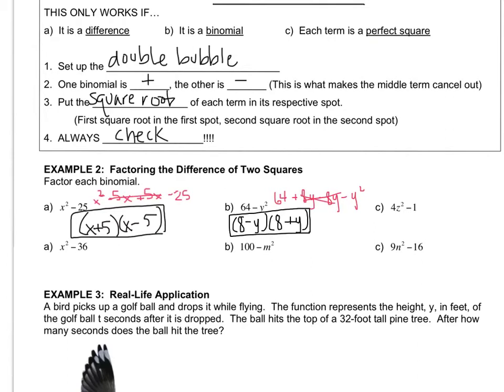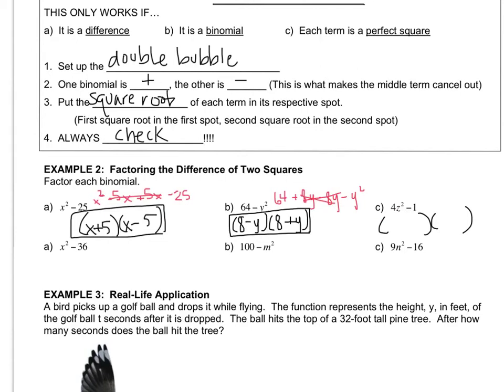Last one with me. This is 2z times 2z, and this is 1 times 1. So be careful: if you have a monomial that looks like this with a coefficient, it can still be a perfect square.